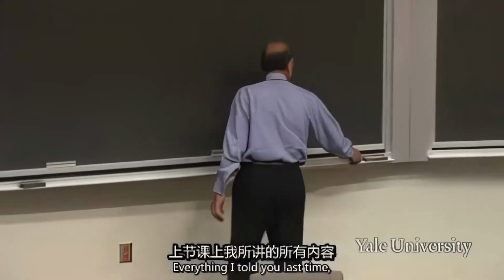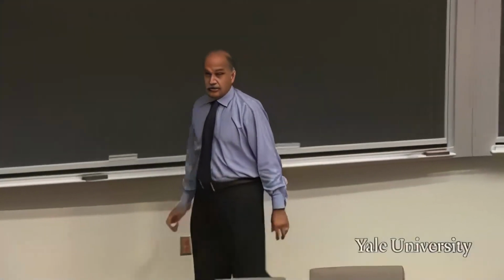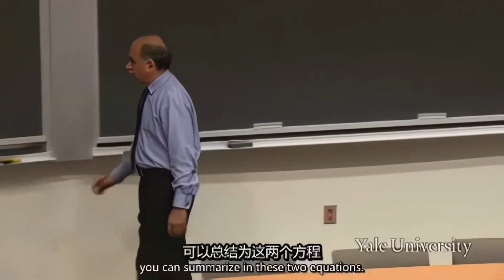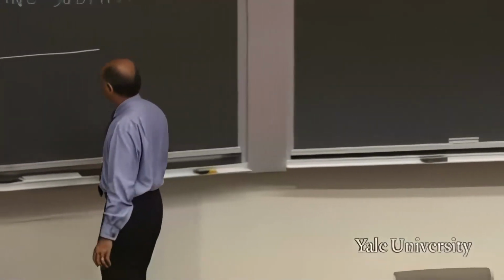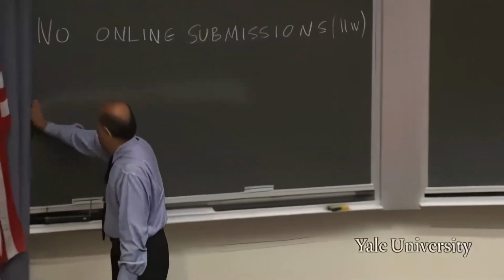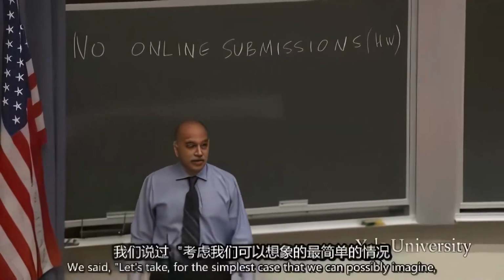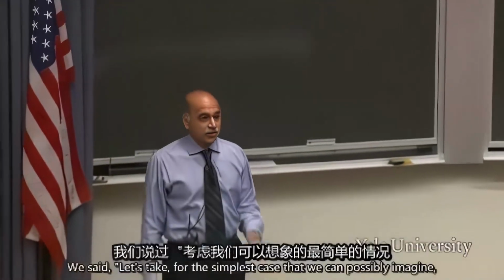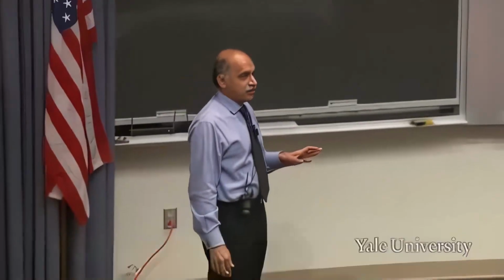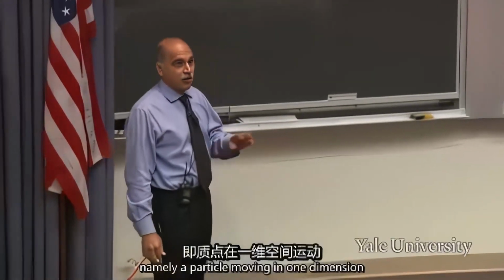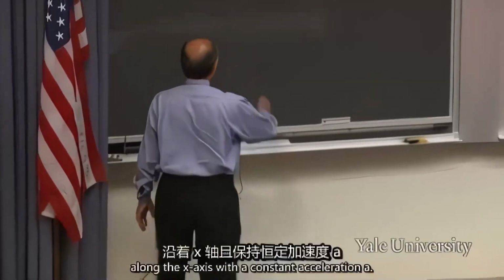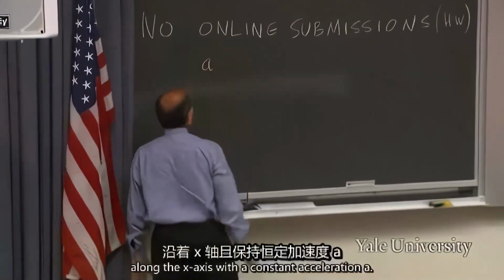Everything I told you last time, you can summarize in these two equations. So remember what we did. We said, let's take the simplest case that we can possibly imagine, namely a particle moving in one dimension along the x-axis with a constant acceleration a.